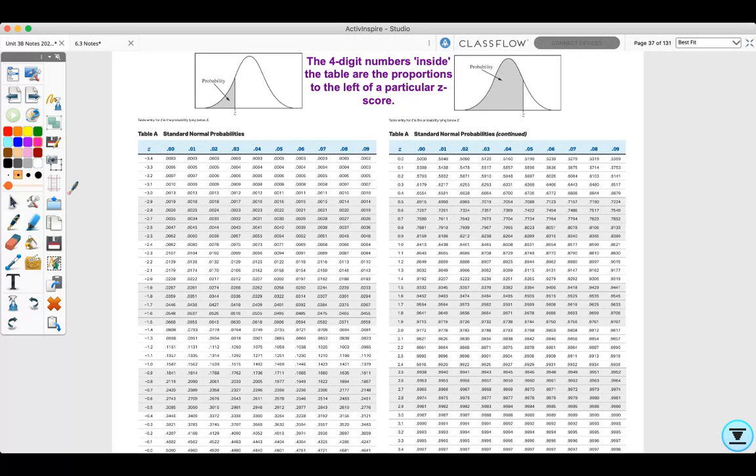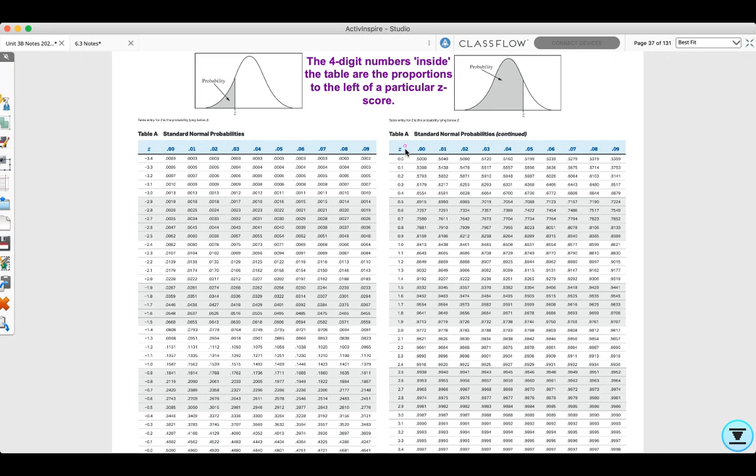So I go over here and I would find 1.1 and 1.167, so that's about 1.17. So 1.17 would be about 0.8790.